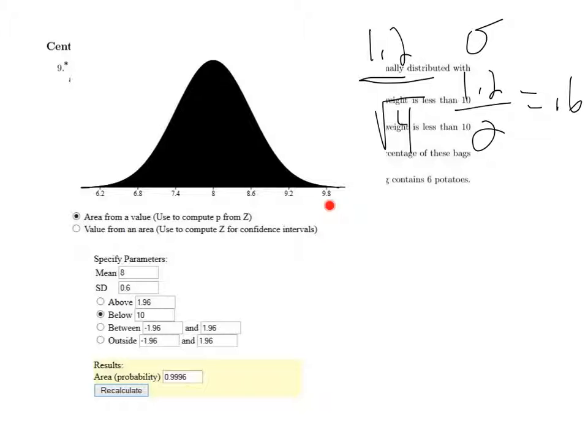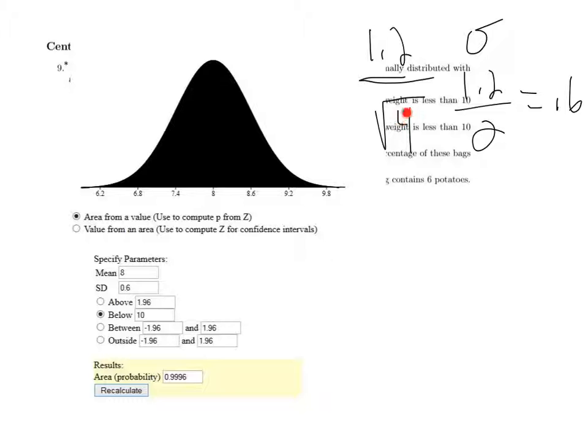The applet set up the nice 68, 95, 99.7 standard deviations, 1, 2, and 3 standard deviations above and below the mean, and 10's way above that. So we know it's going to be a pretty high probability, and as we can see, the answer's here.